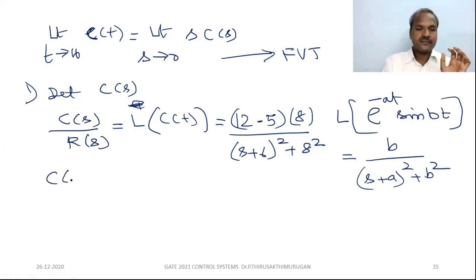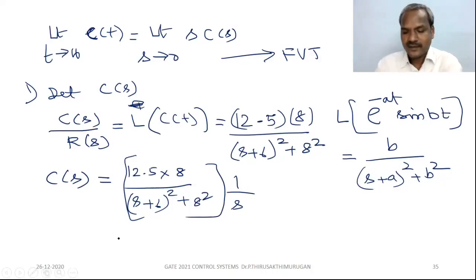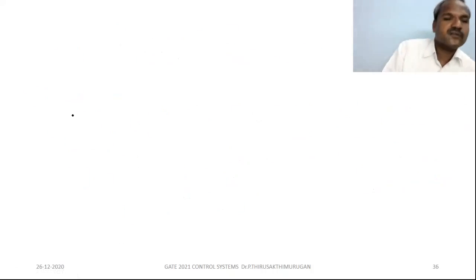So C of S equals 12.5 into 8 divided by (S plus 6) whole square plus 8 square, into R of S. What is R of S? 1 by S. So now find the steady state output.